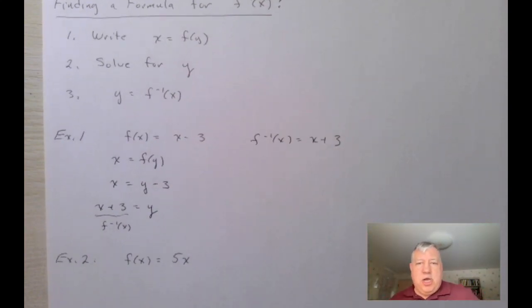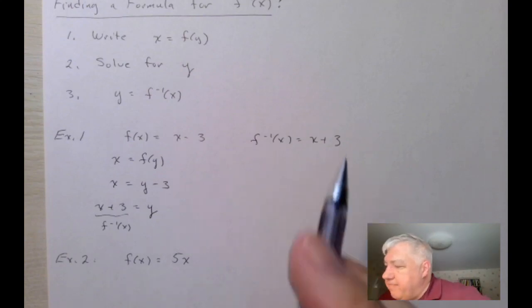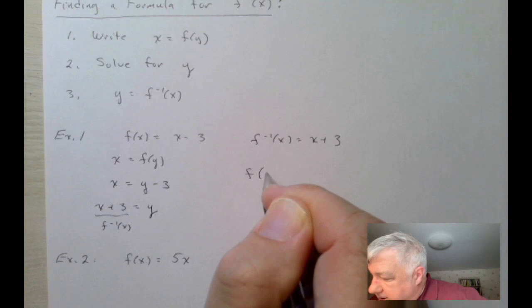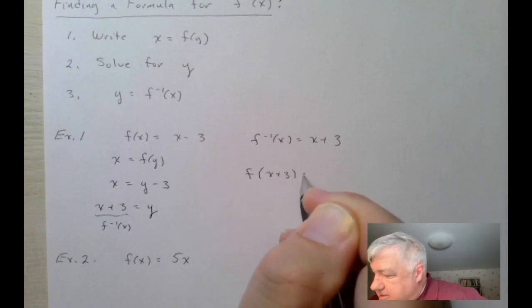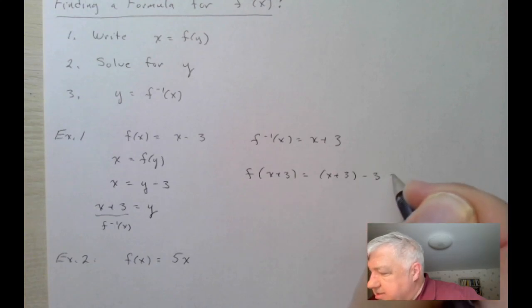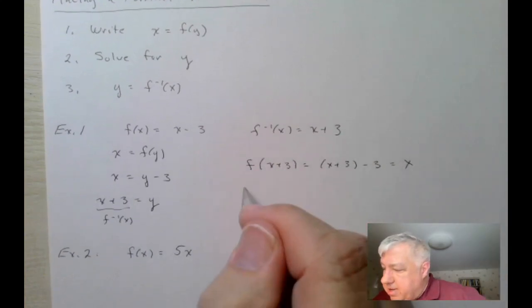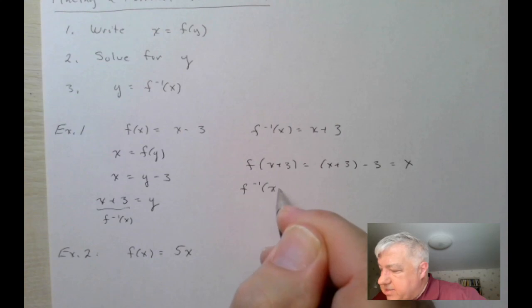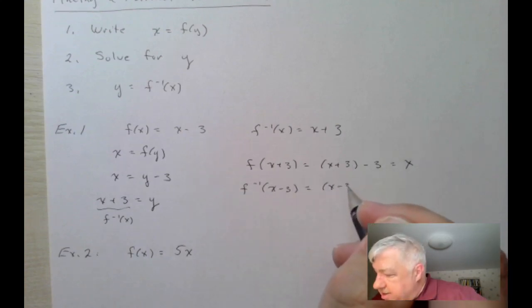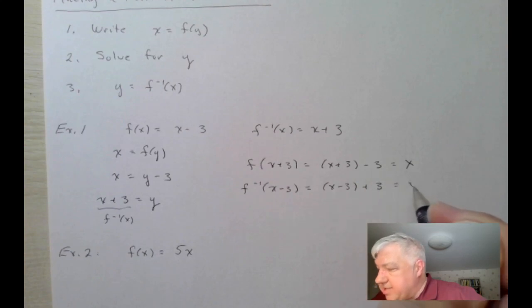And you can check this does make sense, because if you take f of x plus 3, this is the same thing as x plus 3 minus 3, so that's x. Similarly, if you take f inverse of x minus 3, this is x minus 3 plus 3, so that's x as well.